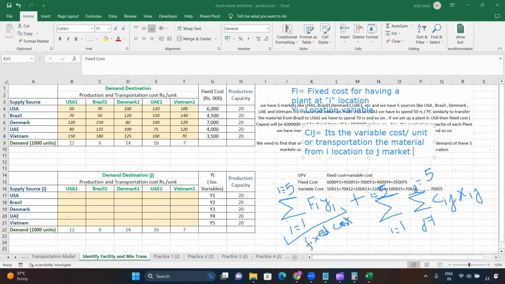And Cij is the cost that we are going to spend to transport that material from location i to destination j, or the market j. So this formula becomes our variable cost.